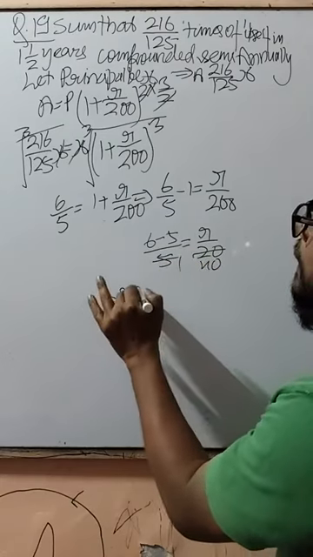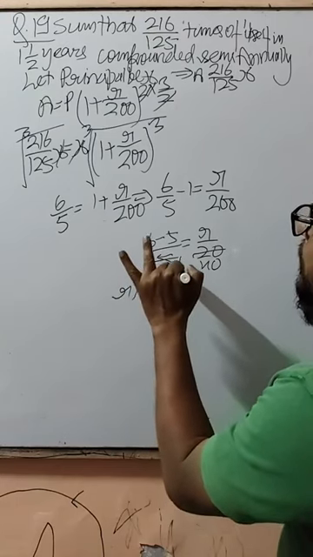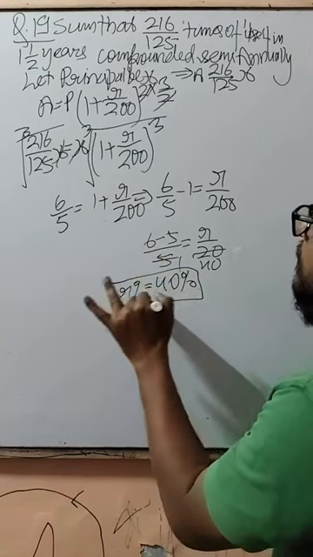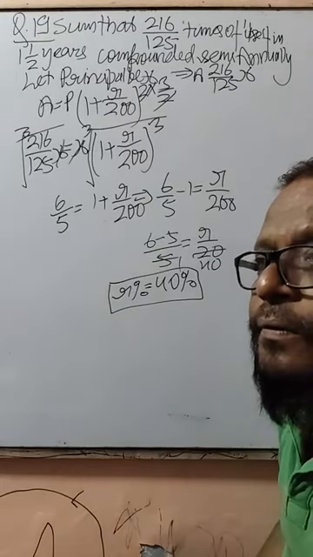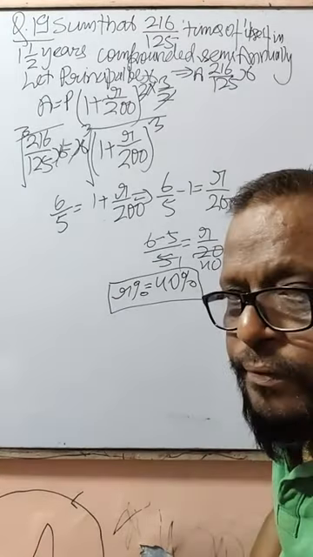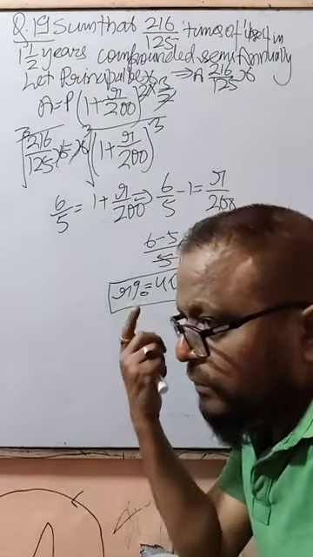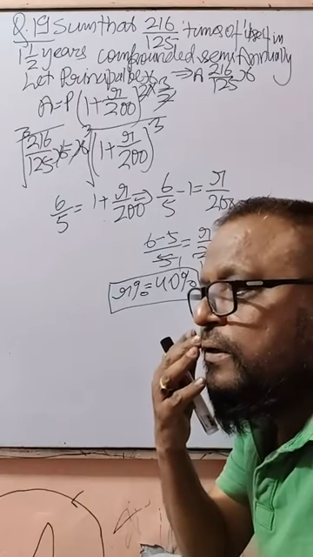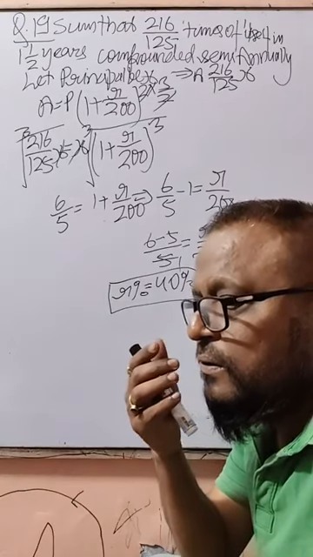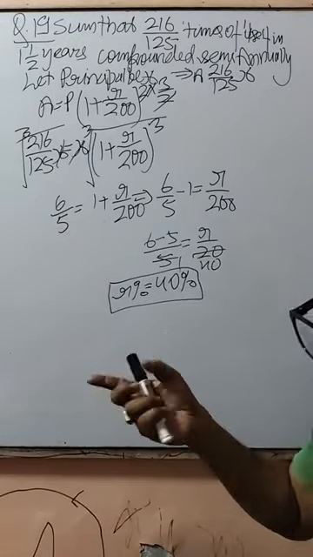So rate percent is equal to 40%. What is your answer? So 40%. You get this? So why you are not able to get? Now you can do it, na? Yes, sir. Okay.